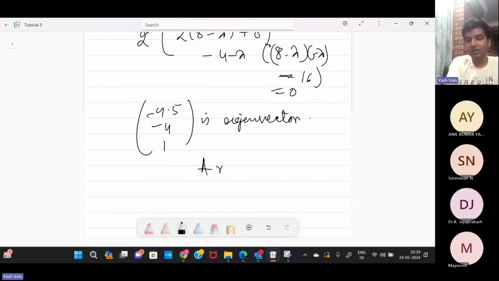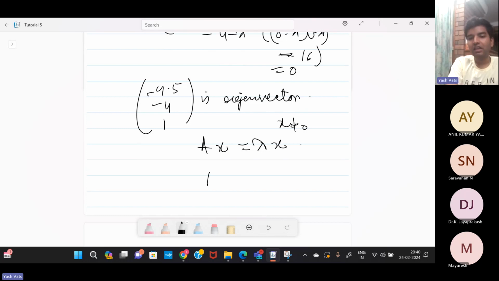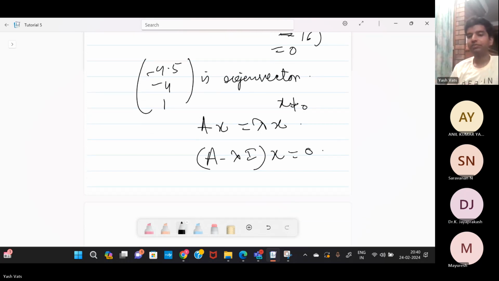A non-zero vector x such that Ax is equal to lambda x, right? A minus lambda I x is 0. So which eigenvalue corresponds to Ax equal to lambda x, where x is an eigenvector?